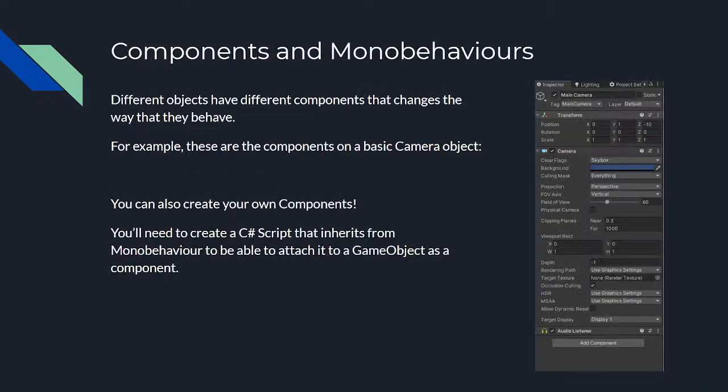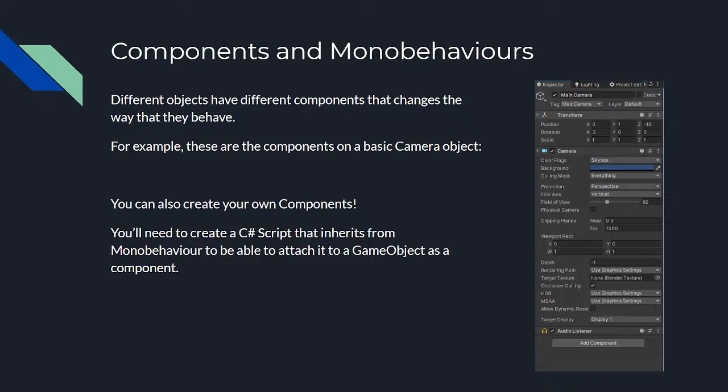Let's talk about components. So on the right here, we have the camera object and its components. Below the transform, you have the camera component, and the camera basically has its own fields and values and variables. This allows you to tweak how the camera works and so on.